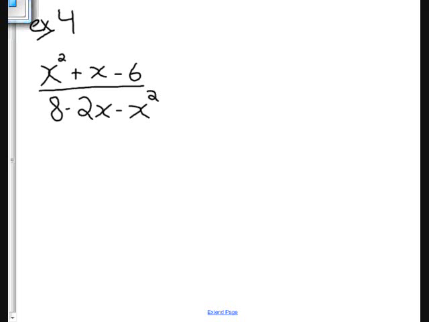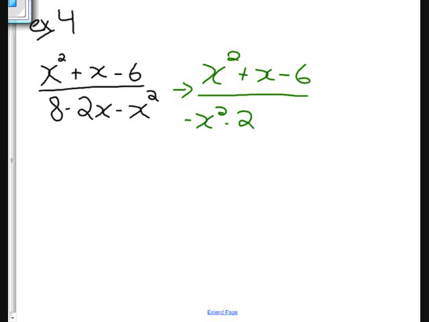All right. We have x squared plus x minus 6 all over 8 minus 2x minus x squared. What's the first thing we want to do here? Rearrange the bottom, yeah. The top is fine, so I'll leave it like that. Same order, right? So we have negative x squared minus 2x plus 8.